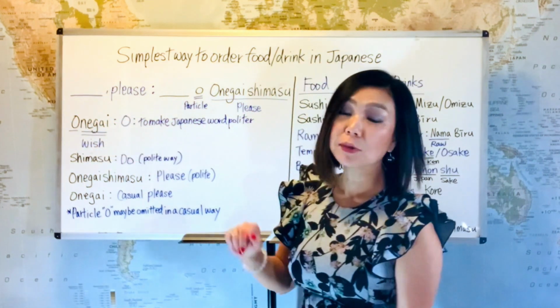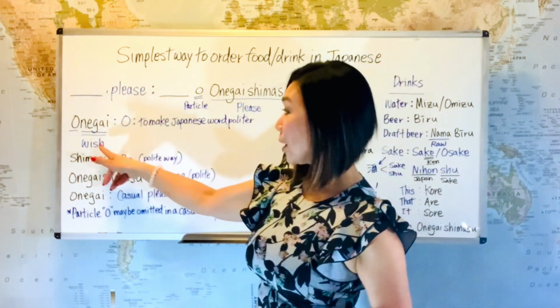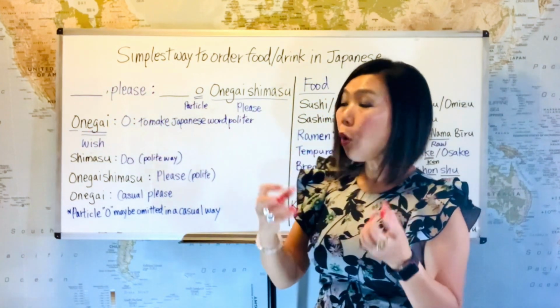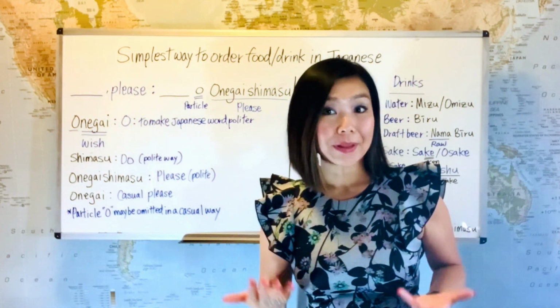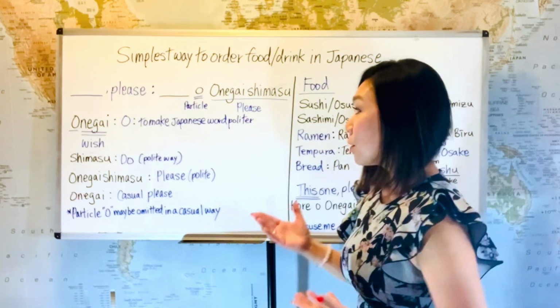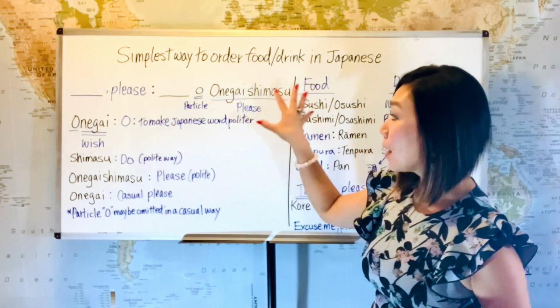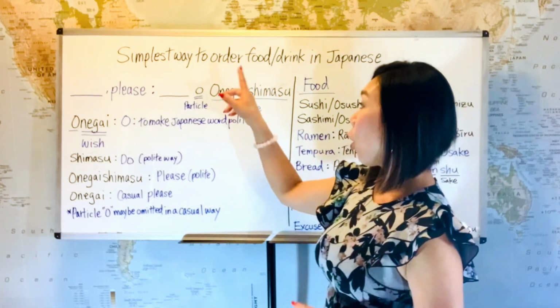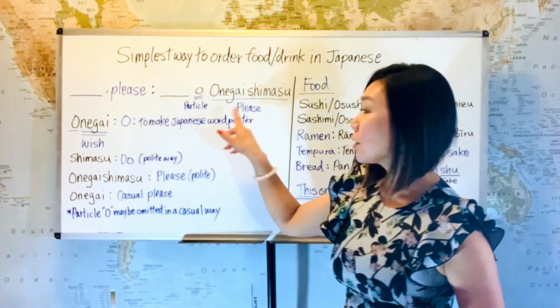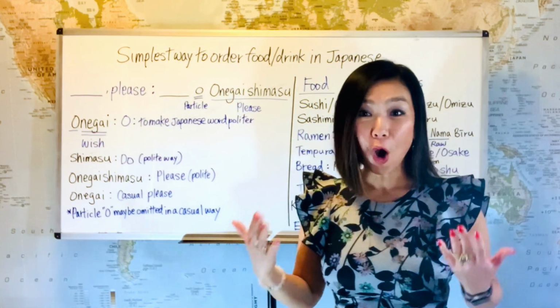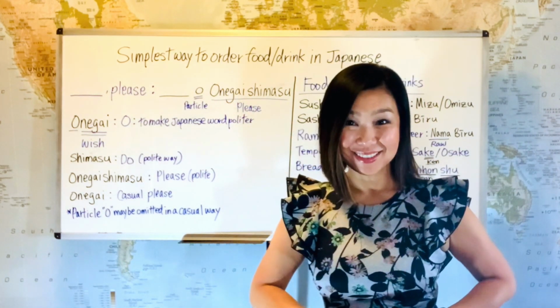Onegai, negai, means wish. But the first o is the o that makes the Japanese word politer or softer. When you use onegai shimasu, you must have this o. We don't say negai shimasu, we always say onegai shimasu, okay?